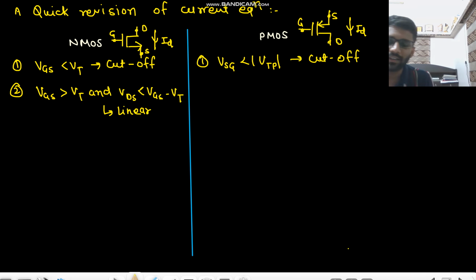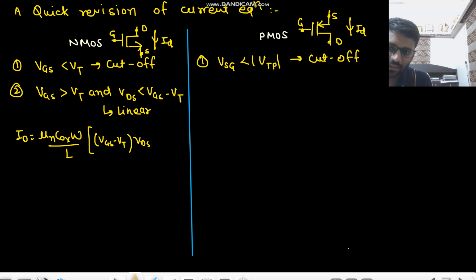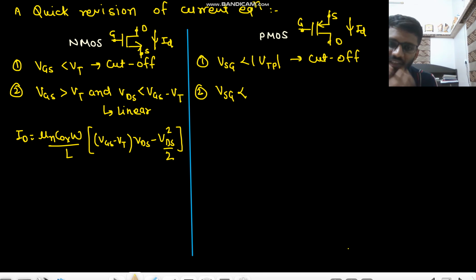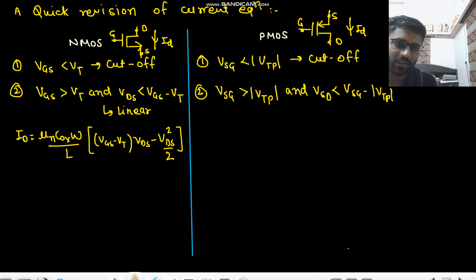In linear region, what is the current equation? It is mu n COX W by L into (VGS minus VT) into VDS minus VDS square by 2. In PMOS, just replace VGS with VSG. If VSG is greater than mod of VTP and VSD is less than VSG minus mod of VTP, then it will be in linear region.